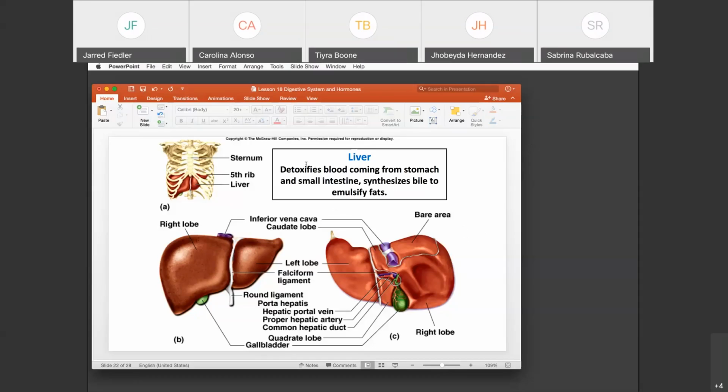So the liver detoxifies your blood coming from the stomach and small intestine and synthesizes bile to emulsify fats. We know that, right? So it breaks down fats. Of course, we all know where it's located; this is going to be reviewed from anatomy. It's located right at the lower end of your rib cage. And right underneath, when you look at the dorsal side of the liver, the posterior side of it, you have the gallbladder.